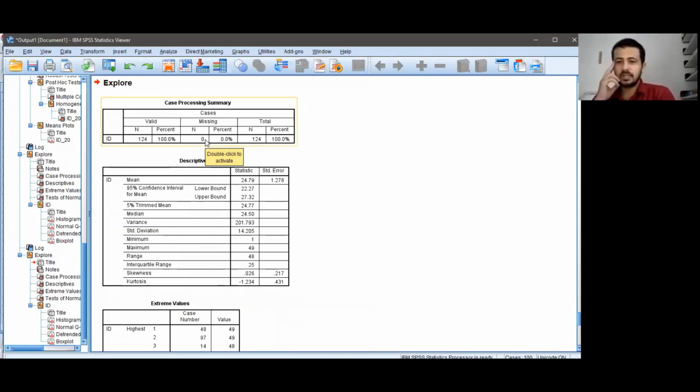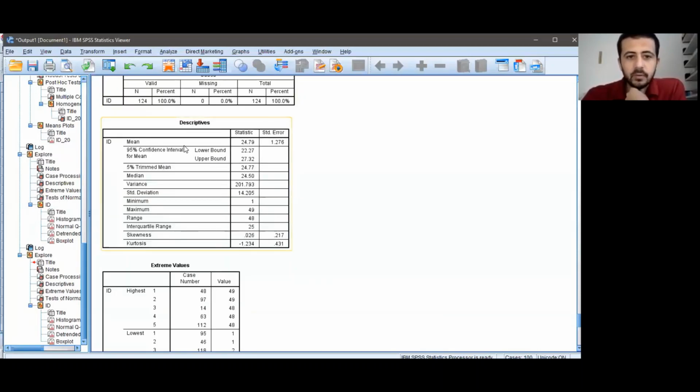Remember that when you think you have missing data that isn't real, just go to the table, take your last observation and delete everything below it, because it might be spaces or dots or something like this, and SPSS is considering them as available cases without data. So now we have this.